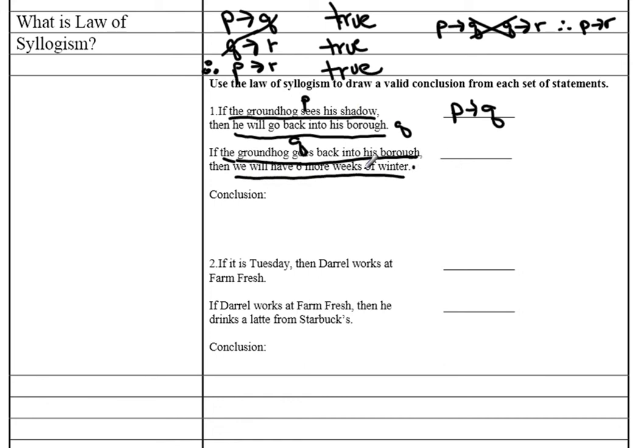Well, we haven't talked about having 6 more weeks of winter, so we call that R. So Q then R. So since these Q's are back to back, our conclusion is P then R, which would be if the groundhog sees his shadow, then we will have 6 more weeks of winter.